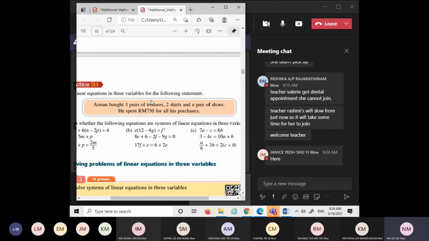The price for one pair of this one is x, shirt is y, and this one is z. Okay, so now can you form a linear equation? One linear equation only, not three, because here they only give you one piece of information.